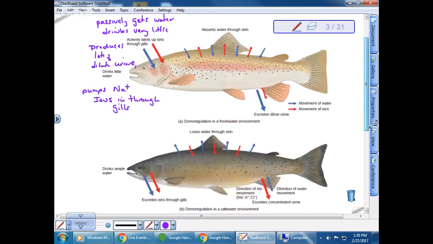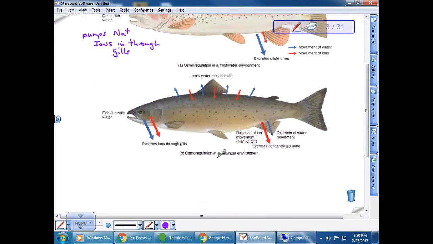So if we look at the marine fish, it loses water passively, just through the surface of its skin. So it must drink lots of water. And then it gets rid of the salt by pumping it out. Really, it's a desalinization plant. If I'm drinking salt water, I have to get rid of those extra sodium chloride ions, so the ions get pumped out.